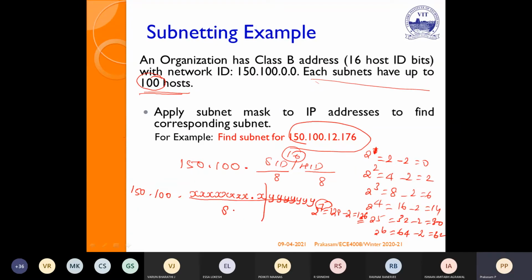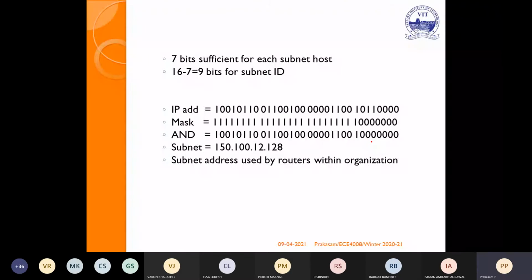So now this is the subnet ID and this is the host ID. What is the number of bits used for masking? 8 plus 8 plus 8 plus 1, so 25. The mask for this given problem is slash 25. So 9 bits for subnet, 7 bits for host in each subnet.